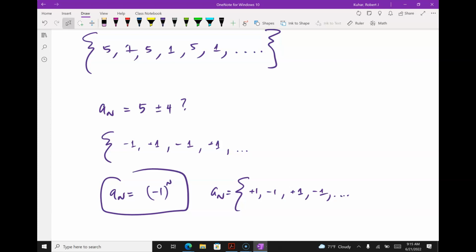So what do you think? How are we going to come up with this A sub n? This one doesn't work, of course. What do you think? These are fun. This is fun to me. It's like a little problem, pattern matching thing that we're all pretty good at as humans, right? What do you think?